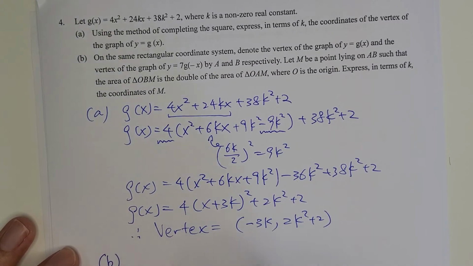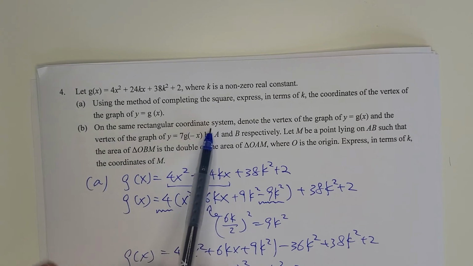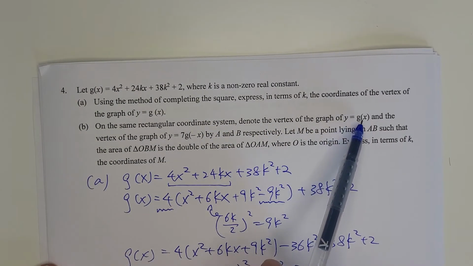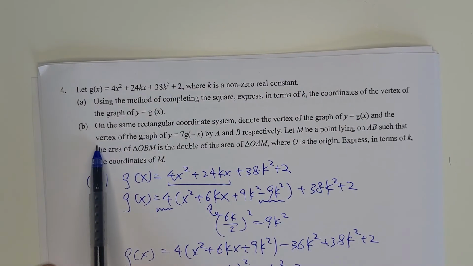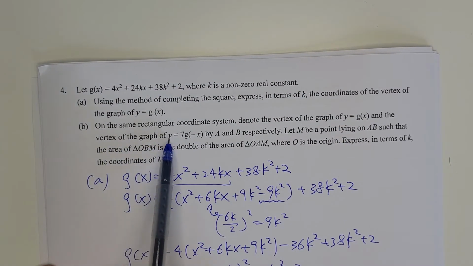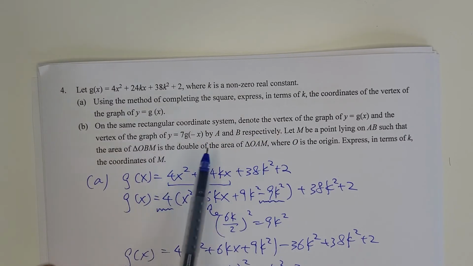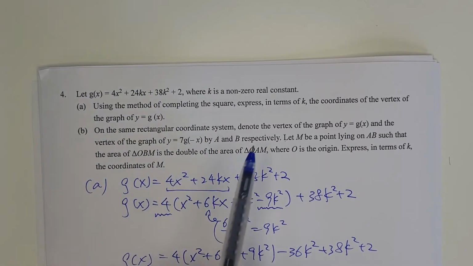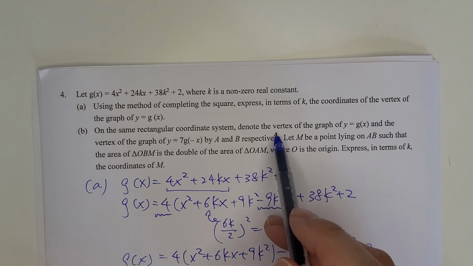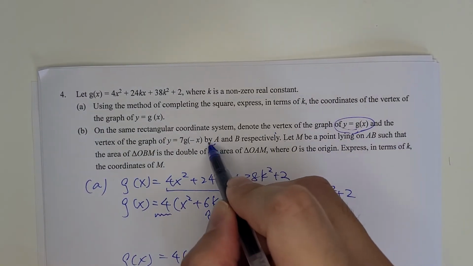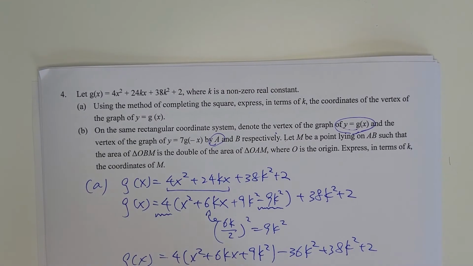B. On the same rectangular coordinate system, denote the vertex of the graph of y equals f(x) g(x), and the vertex of the graph of y equals 7g(-x) by A and B, respectively. Oh, very long statement. There are two vertices. First one, vertex of the graph of this one, we call it A. Actually, that's A, right?